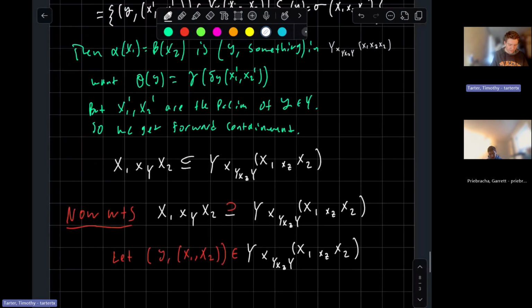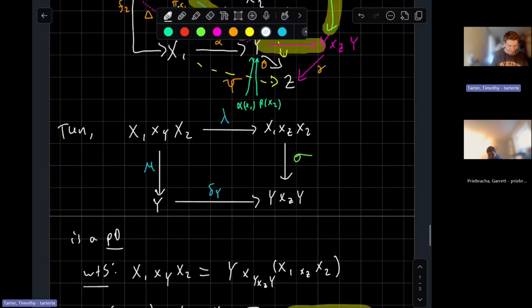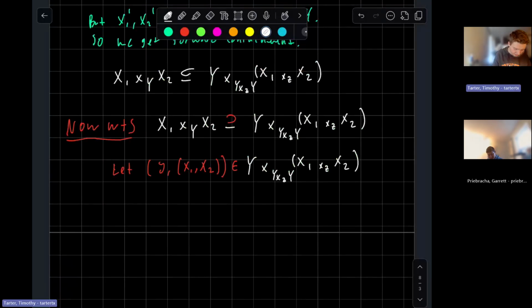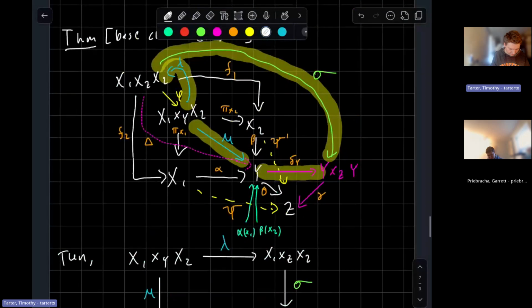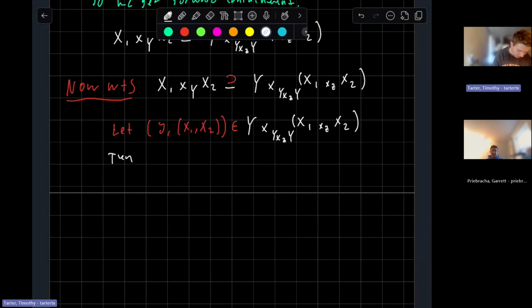Then we know that gamma and theta of this thing are equal.